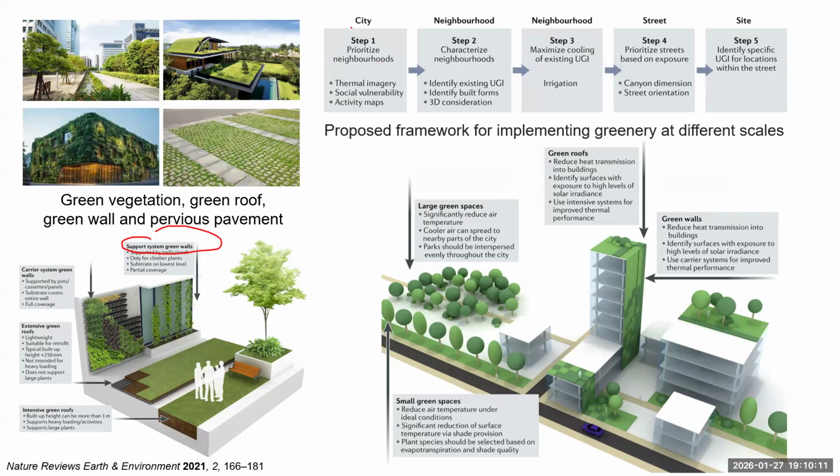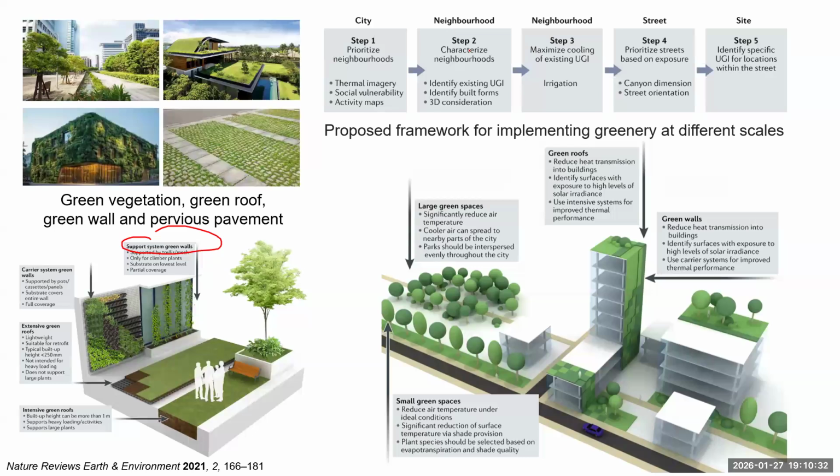So at the city level, we can prioritize the neighborhoods, including the thermal imagery and social vulnerability and activity maps.